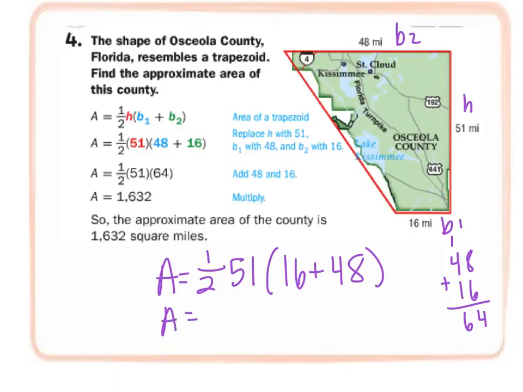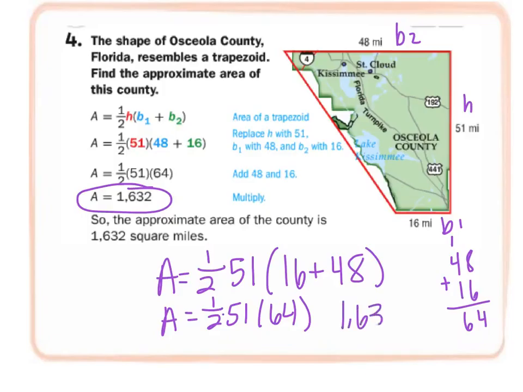So A equals half of 51 times 64. And then our solution is 1,632 square miles. And make sure you would label that.